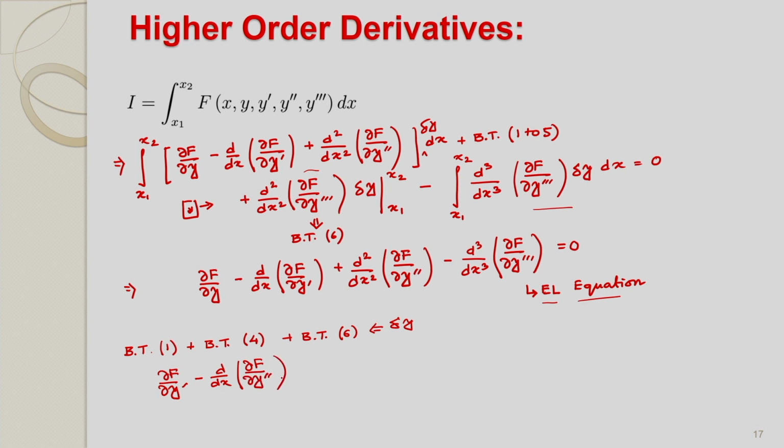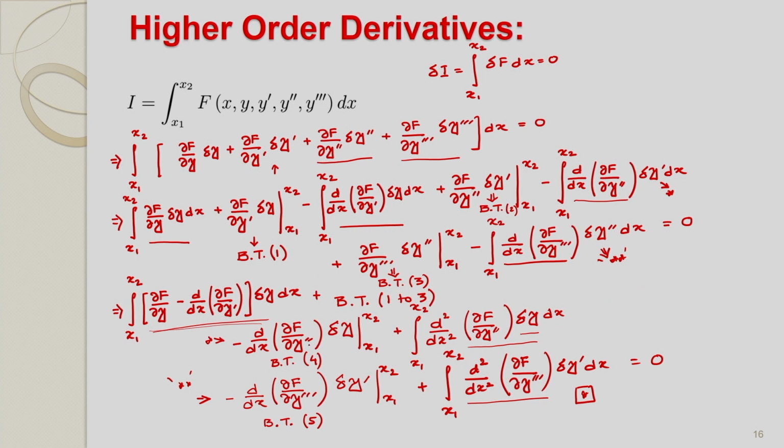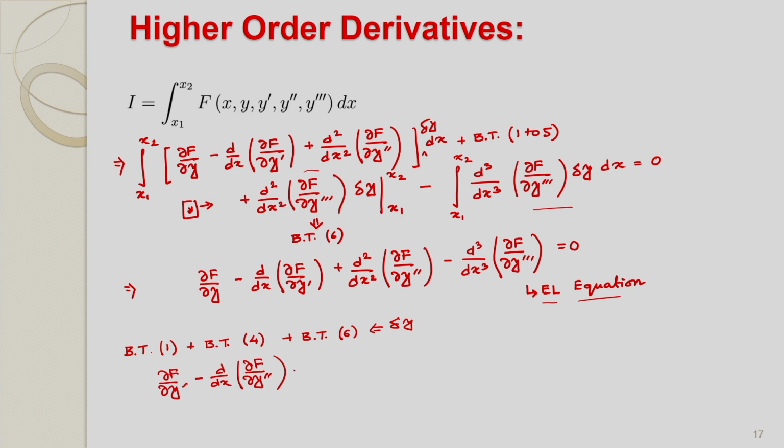If you see, del f del y double prime plus d2 dx2 del f del y triple prime. We combine all this with delta y. So, these are all the boundary terms multiplied with delta y.